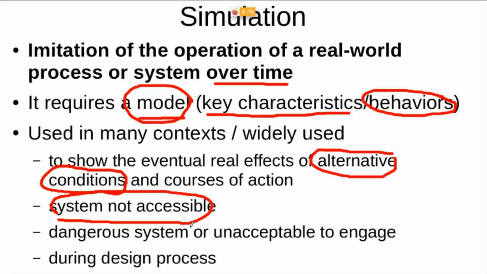Simulation is also used when we are dealing with a dangerous system or one that is unacceptable to engage. And finally, simulation is also used when you are designing a process. Let's suppose that you are considering a new production chain.